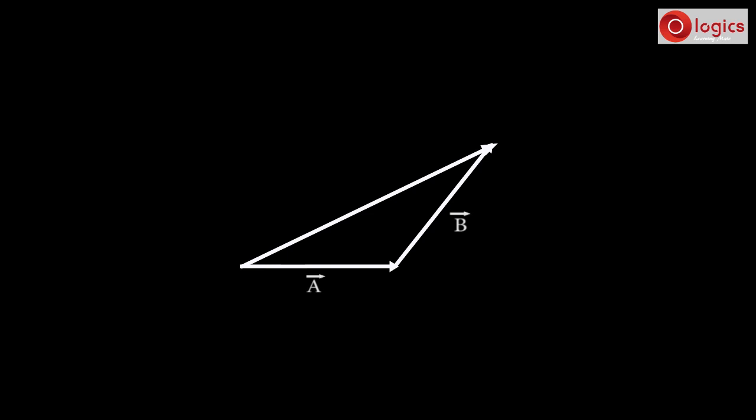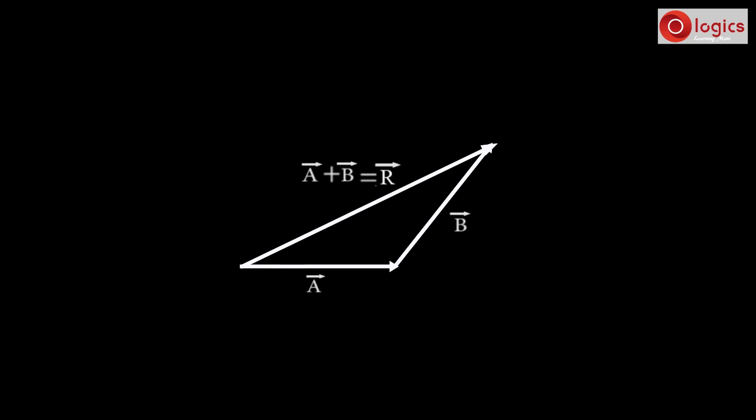Observe a triangle is formed. Here, A bar is this side of the triangle and B bar is this side of the triangle. Now, this side of the triangle represents the resultant vector R bar. This vector gives the addition of vectors A bar and B bar.